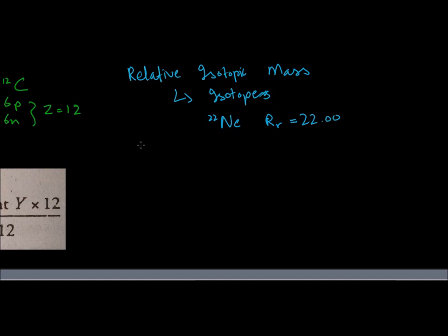Now the next thing is more important, what we call the relative molecular mass. So just as relative atomic mass was for atoms and relative isotopic mass was for isotopes, this is for molecules. Okay, and this we need to know how to calculate. And it's pretty simple.